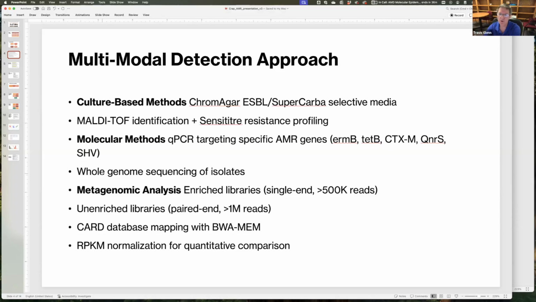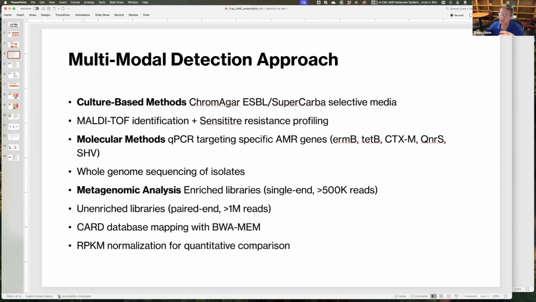Then we captured that resistome and sequenced those enriched libraries. Unenriched is the first phase of just taking the DNA and turning it into an Illumina library.